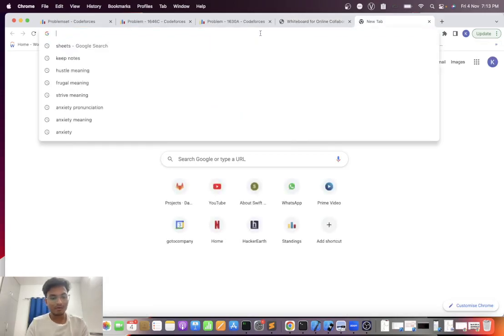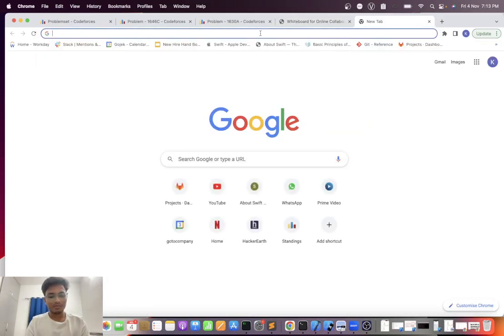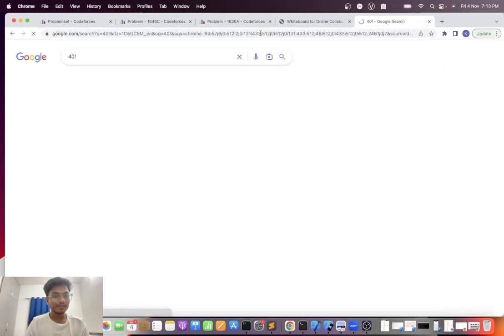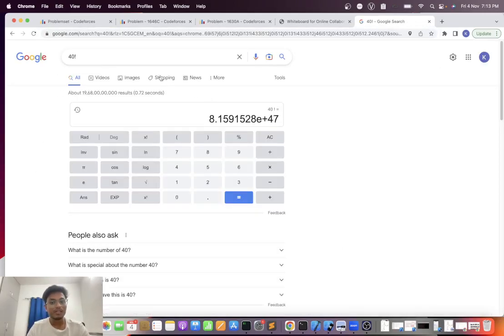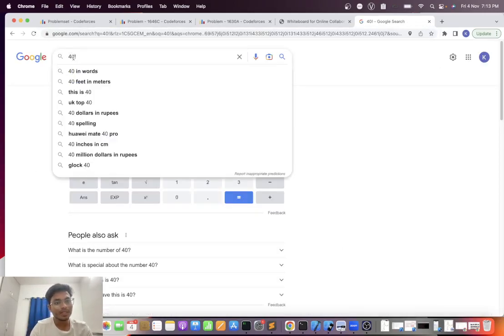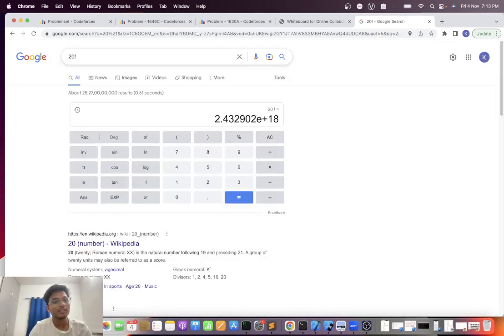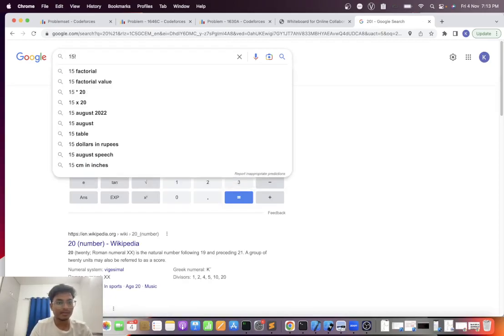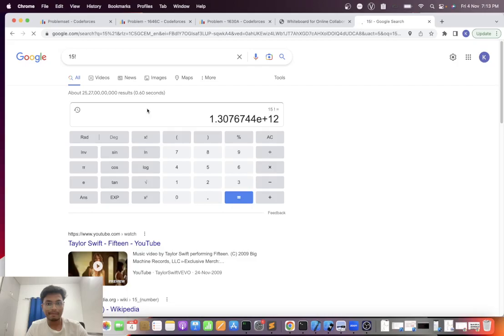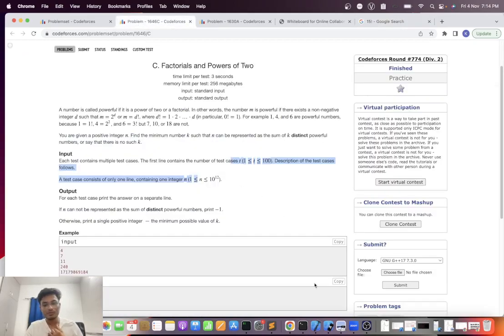The factorial of, let's say 40, is 10 to the power 47. Then let's say 20, 10 to the power 18, still greater. Let's say 15, yeah, 10 to the power 12. Then it is okay. 15 is okay. So we get a range.